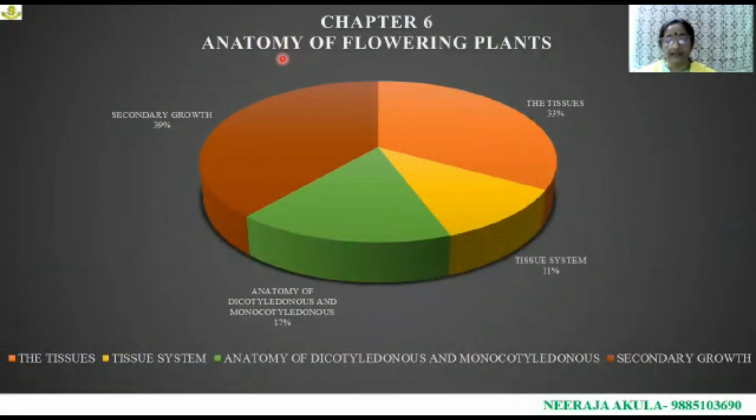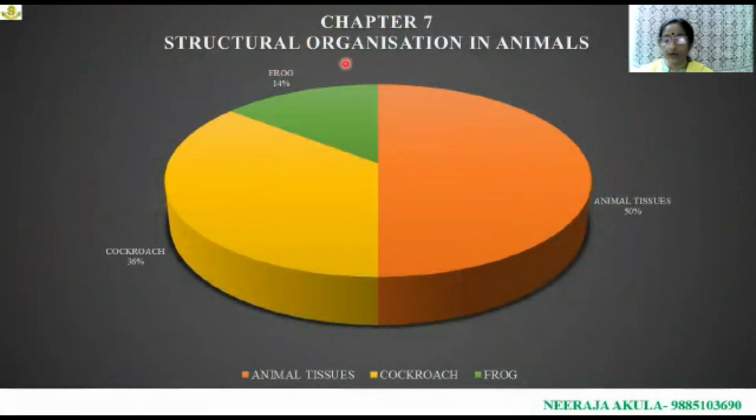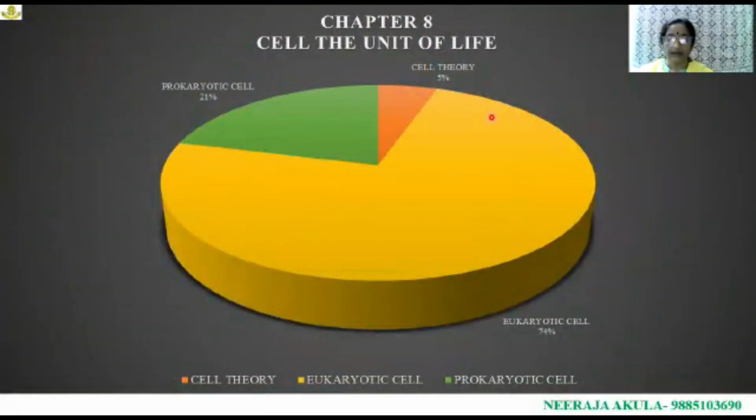Chapter 6, Anatomy of Flowering Plants, out of which, among the 6 papers, more bits came from secondary growth. Structural organization in animals: the maximum number of bits came from animal tissues. Chapter 8, Cell, the unit of life.